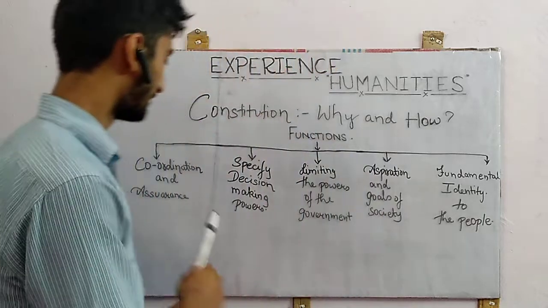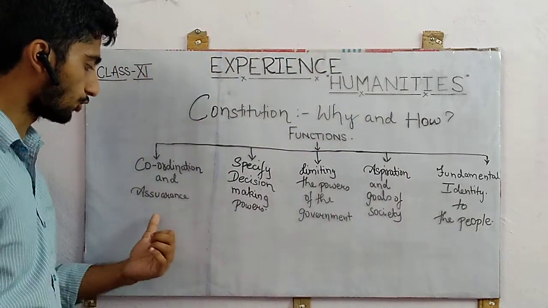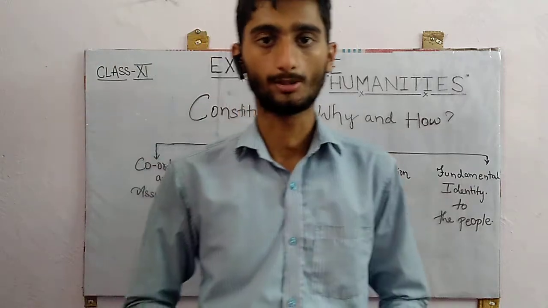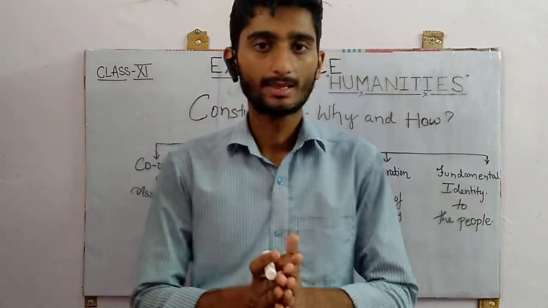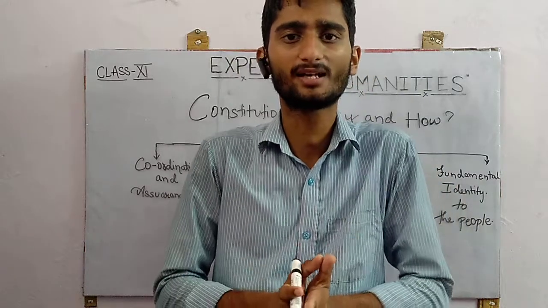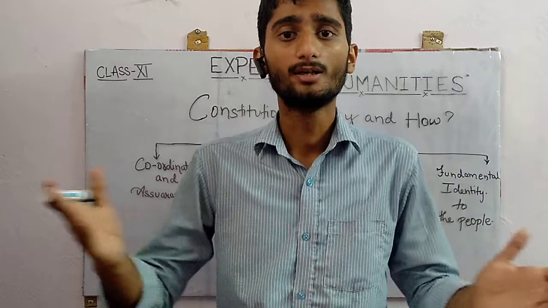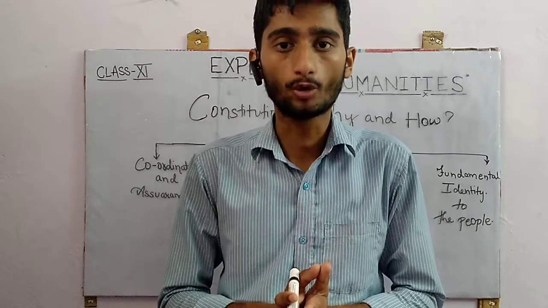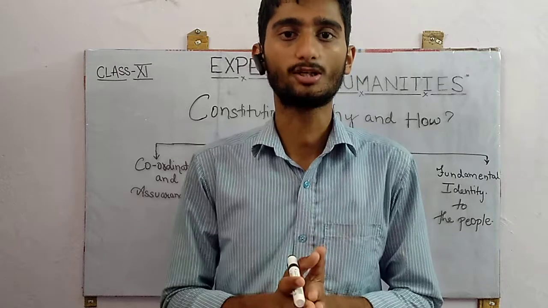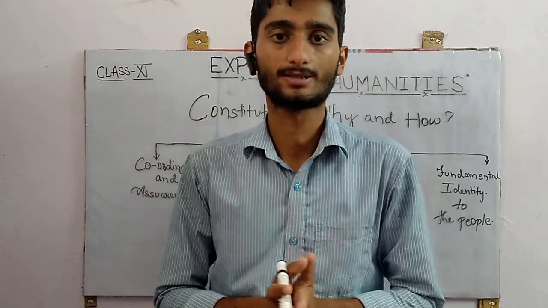Now, the first function of the Constitution is coordination and assurance. Now, what is coordination? In a country like ours, or in any other diverse countries where there are n number of religions and diverse languages being spoken, that requires a coordination amongst its members.